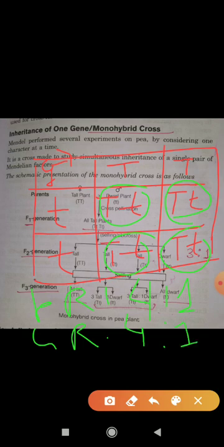No, it is 4:0. So 4 plants are tall, that is the phenotype ratio, and 0 plants are dwarf. All are tall, and in the case of genotype, all have the same genetic composition. So in a monohybrid cross, in the first generation all plants are tall and their genotype is also the same. That is the F1 generation.